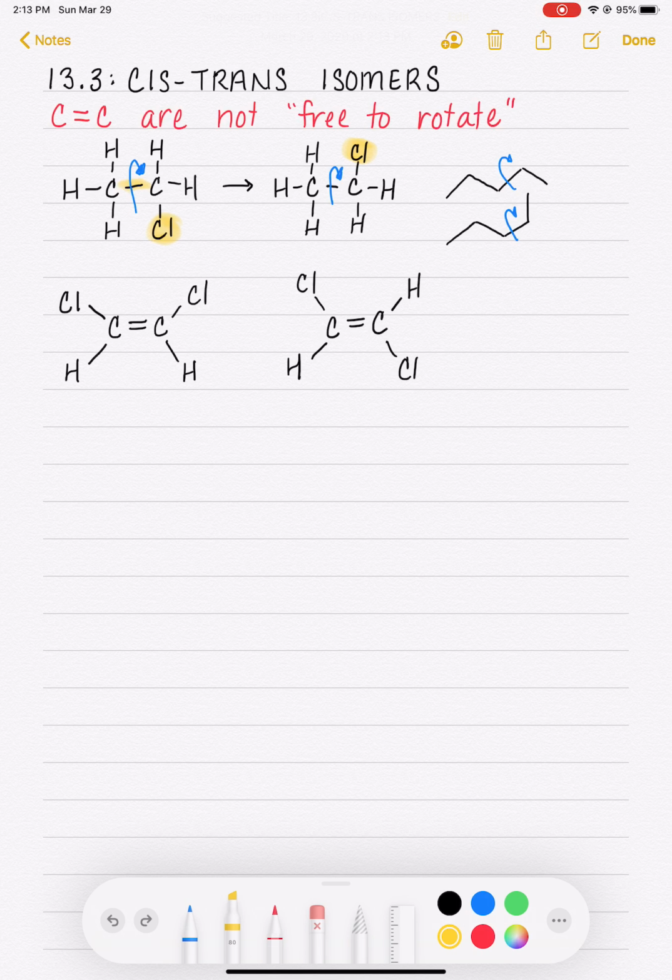If we highlight the double bonds, we can see the molecule on the left has both of the chlorine atoms on the same side of the double bond up top, and the molecule on the right has the chlorine atoms on two different sides. One is up top and one is down below. That's how they're different. The molecule on the left is called the cis isomer of this molecule, and the molecule on the right is called the trans isomer.